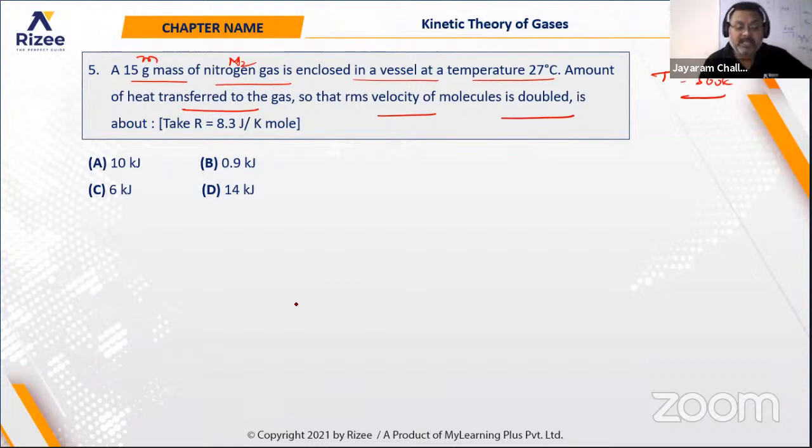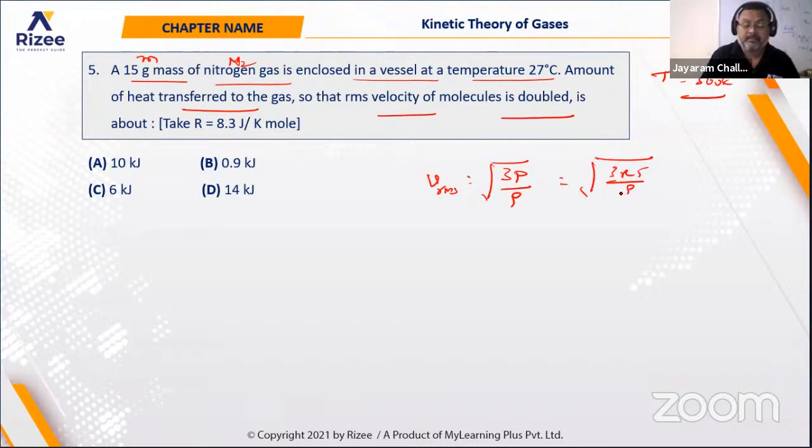So he wants the RMS velocity to double, that is V_rms is equal to root of 3P by density, or this can be written as root of 3RT by M, the molecular weight here.